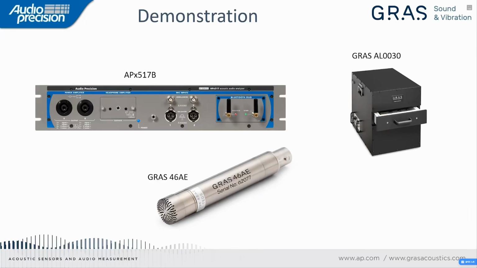And these are placed inside the Grass AL30 acoustic measurement chamber. These are great for production test of acoustic devices in a production environment. I'm actually in a relatively quiet office, but these are great for use on a production floor.